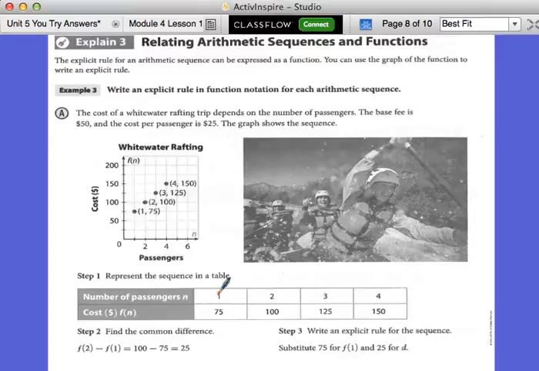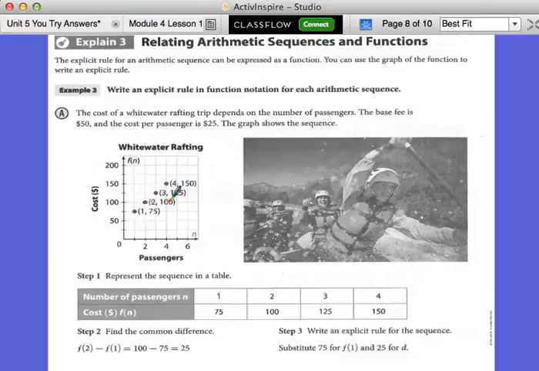All right, so when you're doing this, you have your graph, and it shows you the sequence. In position 1, it's $75. Position 2, it's 100. Position 3, it's 125. And position 4, it's 150. So for one passenger, it's 75, then 2 passengers, 3 passengers, 4 passengers.